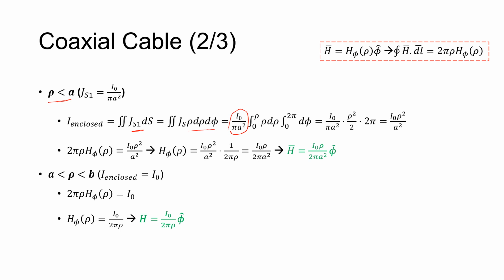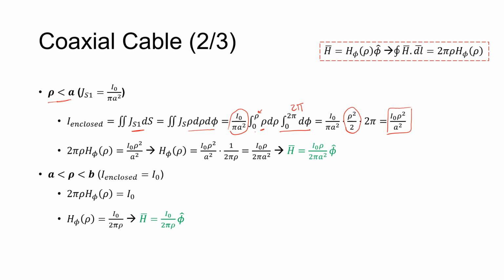Rho will vary from 0 to some value rho, and phi varies from 0 to 2 pi. This brings you 2 pi, and this brings you rho squared over 2. Then you just do some mathematical manipulation, and you will end up with I naught rho squared over a squared.